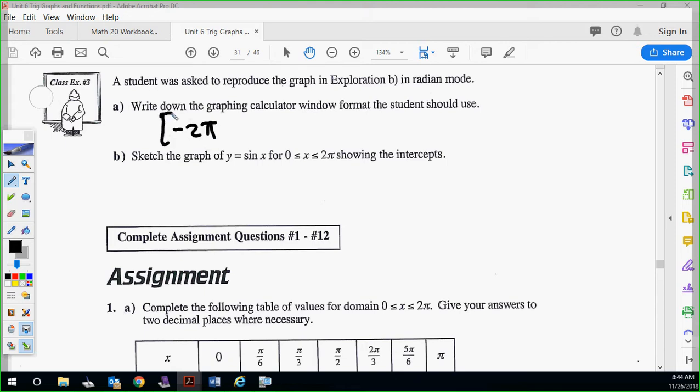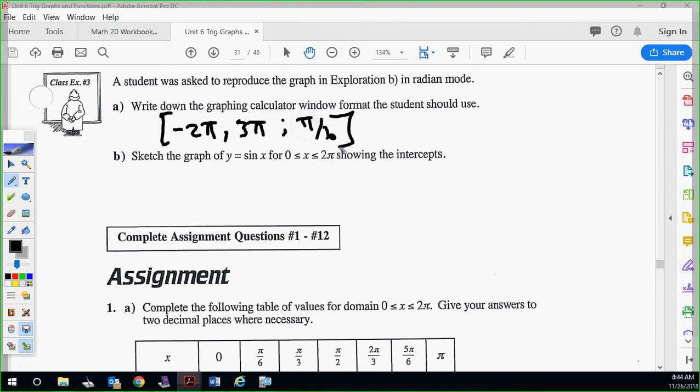Then we went to 540. So 540 is what in radians? 3 pi, good. I see some of you guys doing it right, good. And then what's our scale going to be if it was 30? What's 30 in radians? Pi over 6.